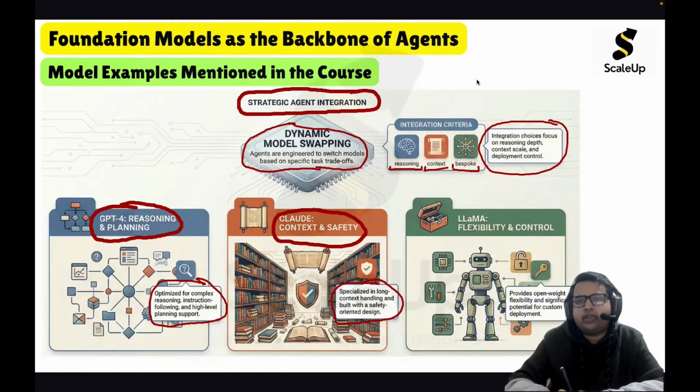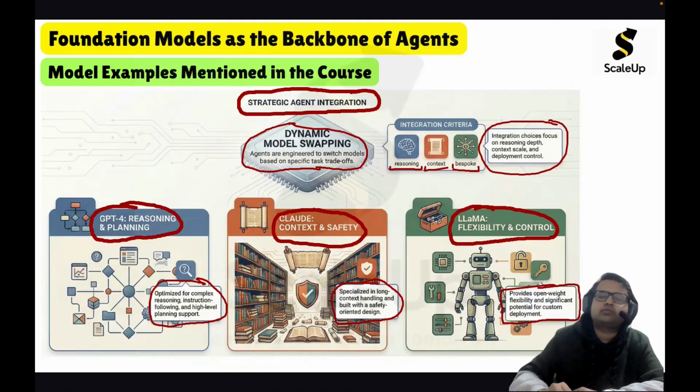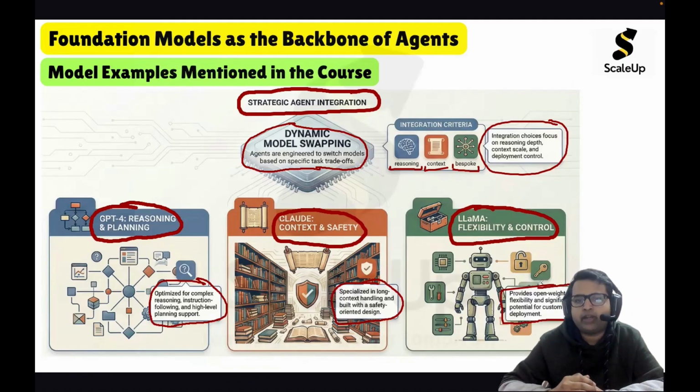And in this course, we will be making use of Llama for flexibility and control. Llama provides open weight flexibility and significant potential for custom deployment. Because you might know that Llama is open source, with open weight flexibility we can very easily fine tune it, and we can use it for custom deployments.